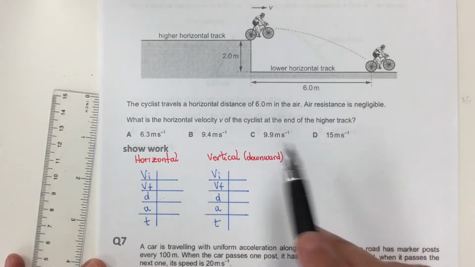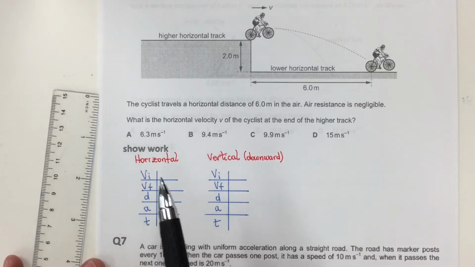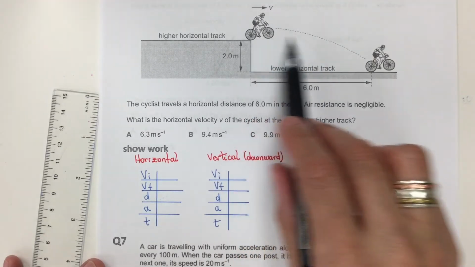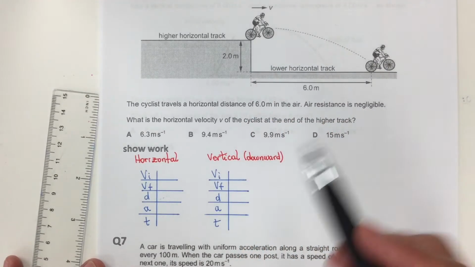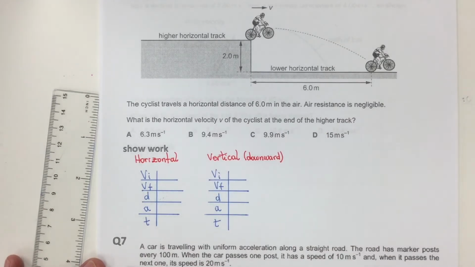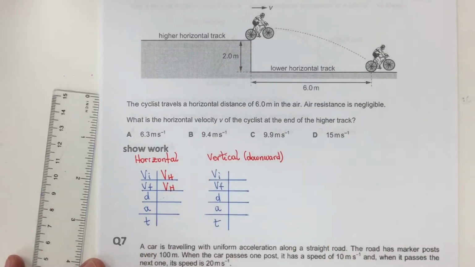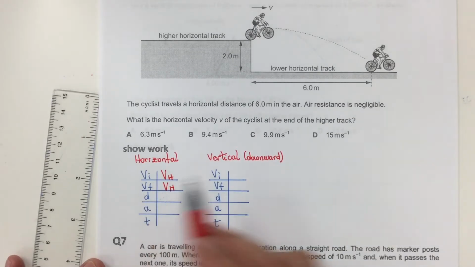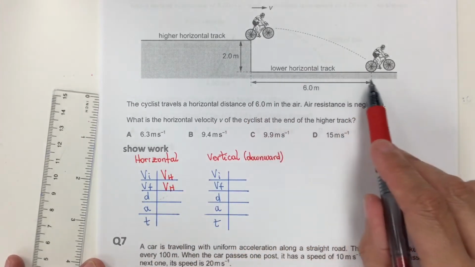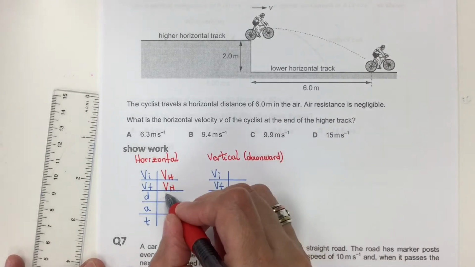Horizontally, let me call VI and VF the same value, because horizontally the velocity is the same. I'm going to call it VH for horizontal. The horizontal distance is 6 meters.